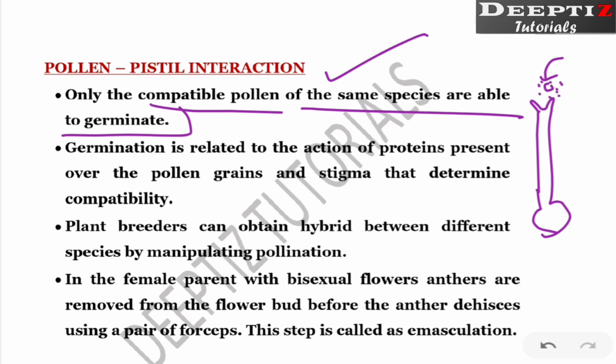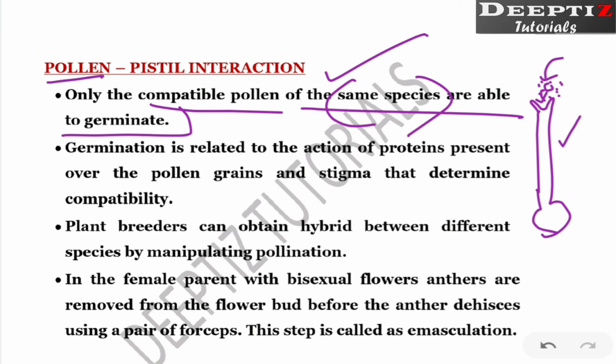If it is some other species, it will not grow. The plant allows growth of the pollen, meaning we are talking about the pollen tube growth, right? Whenever a pollen falls on the stigma, pollen tube growth is initiated in only the same species.